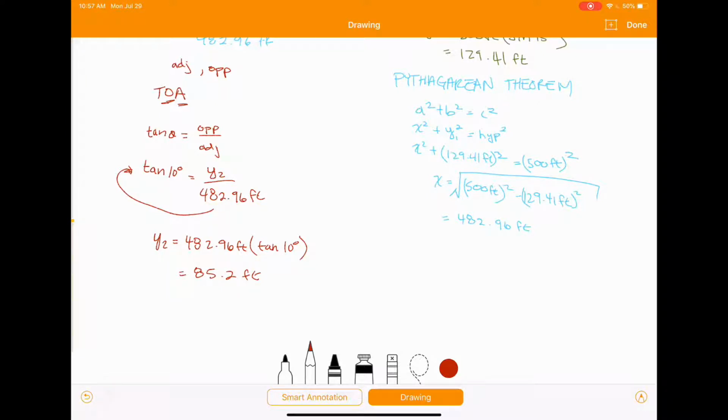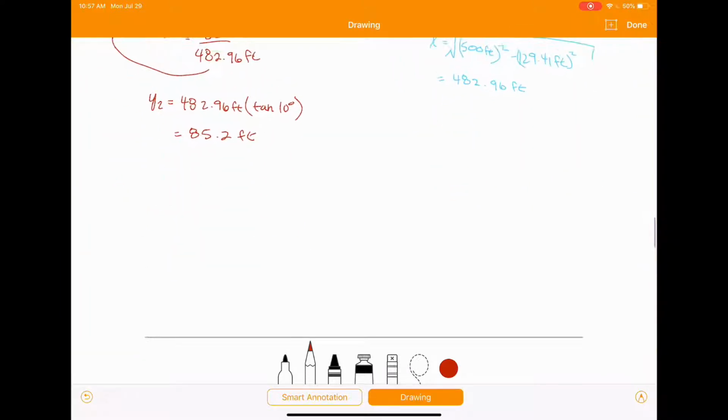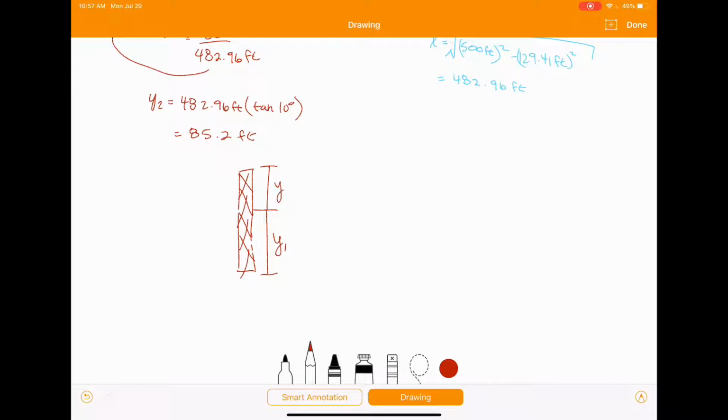So now we've got our y1 and our y2, and we know that our tower was made up of y1 and y2, which equals the total height.